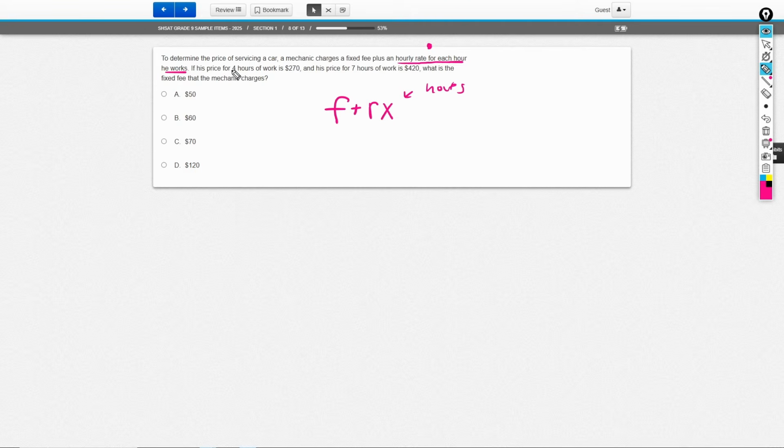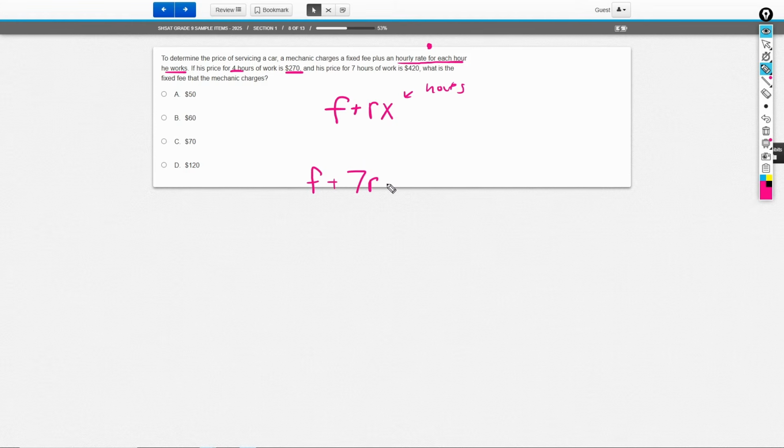If his price for 4 hours of work is $270 and his price for 7 hours of work is $420, what is the fixed fee? So in this case, we have two equations that we're going to end up writing. We have our fixed fee plus 7 hours of work, so 7 times R. So he worked for 7 hours.